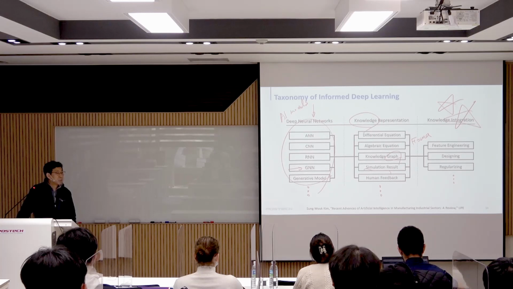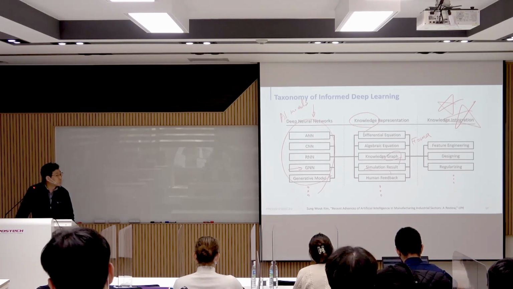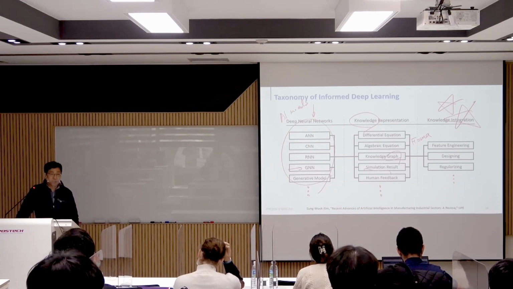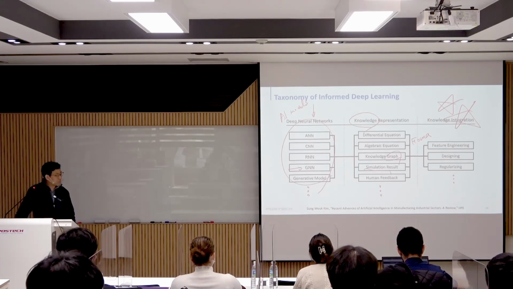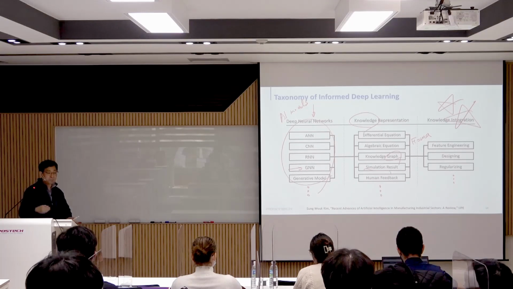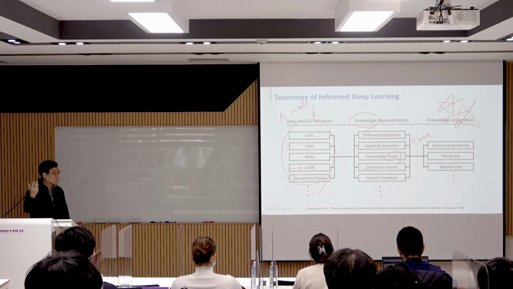I mean, there are several ways that we can do knowledge integrations. And the first one that I want to say is feature engineering. What's feature engineering? Say, given a dataset, in order to make some kind of conclusion, it could be regression or classification problems.